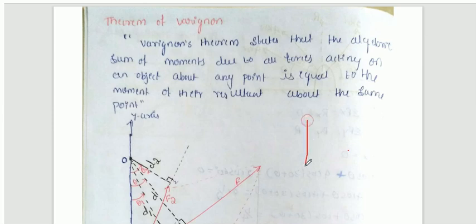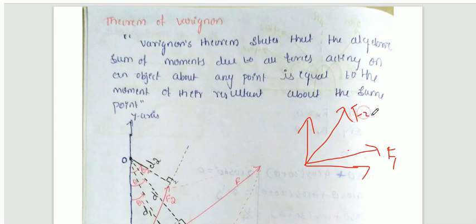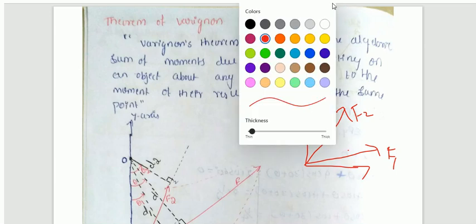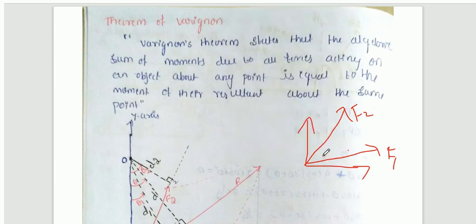That means, if you have the forces F1, F2, or a number of forces, according to this principle, and the resultant of this, let us consider that as F. That is, the resultant of F1 and F2 is F.